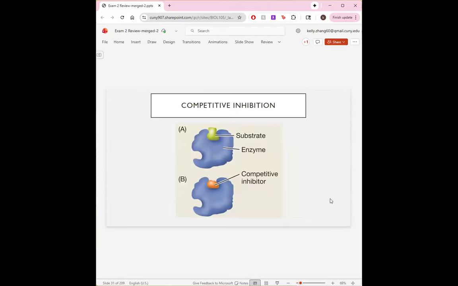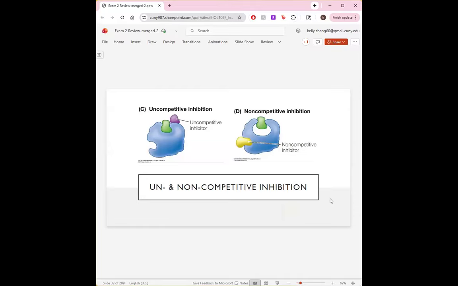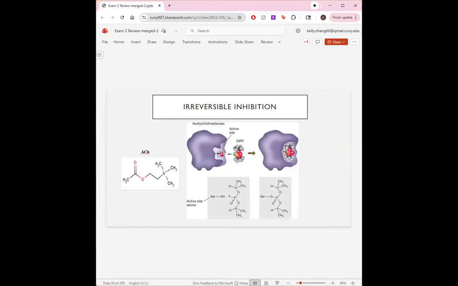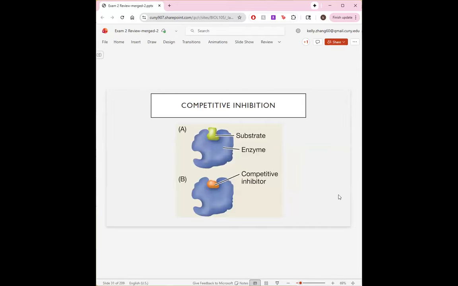There's also reversible inhibition, which occurs when an inhibitor bonds non-covalently to enzymes and can later be released. There are types of reversible inhibition.